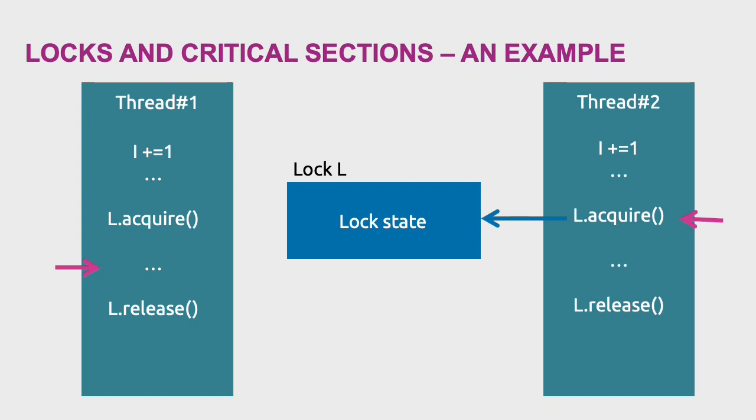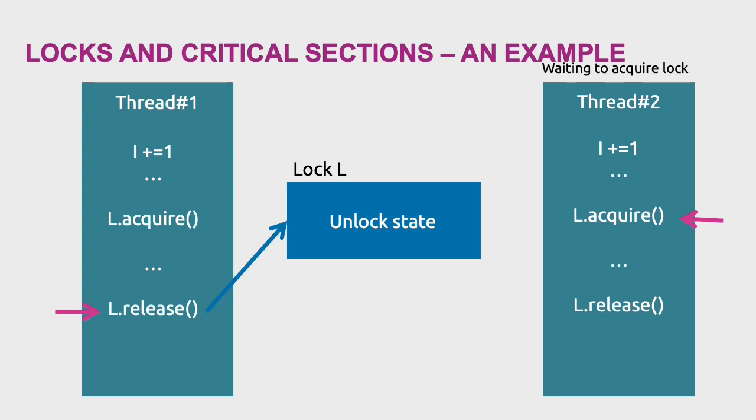Its execution state moves to the blocked state. So you have a transition from running thread to blocked thread, and the thread is blocked on the lock that it attempted to acquire. Thread 2 is there, waiting for thread 1 to release the lock.